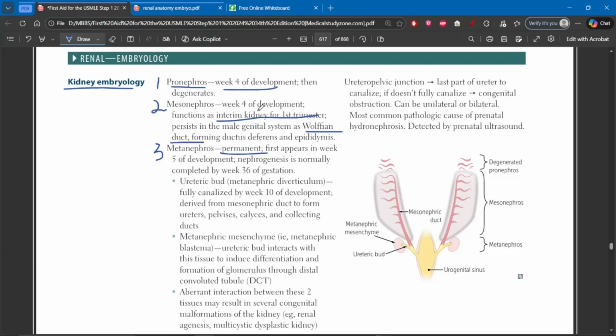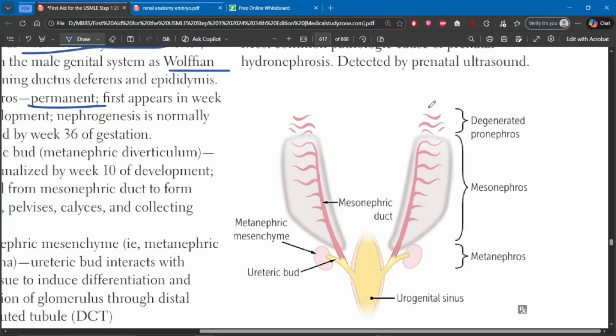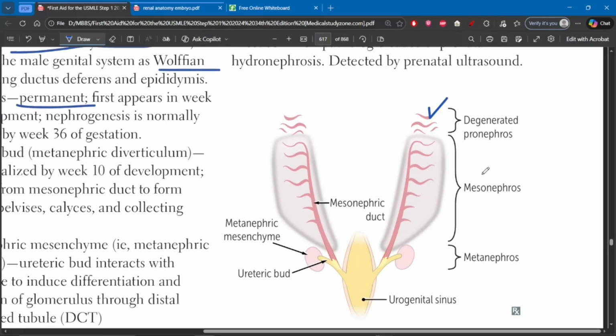So as you can see, this is the pronephros, this is the mesonephros, and this is the metanephros. The metanephros is the permanent kidney. The mesonephros forms a duct, which is also known as the Wolffian duct. It is for male structures, so you need to keep that in mind.